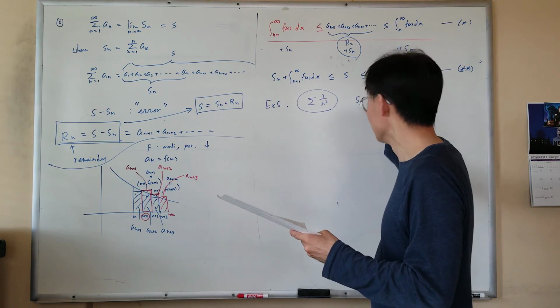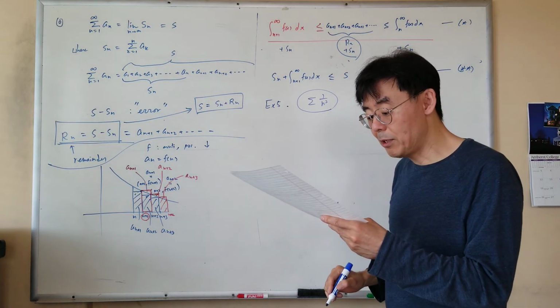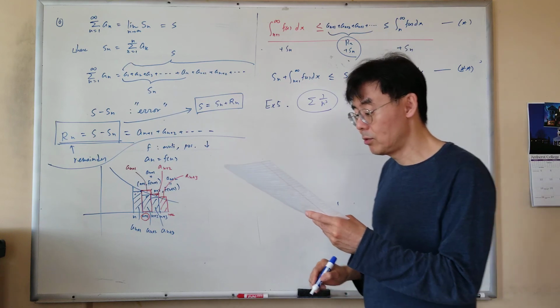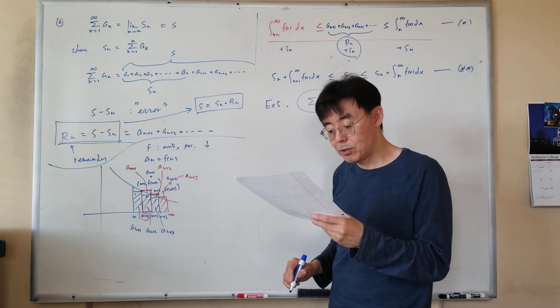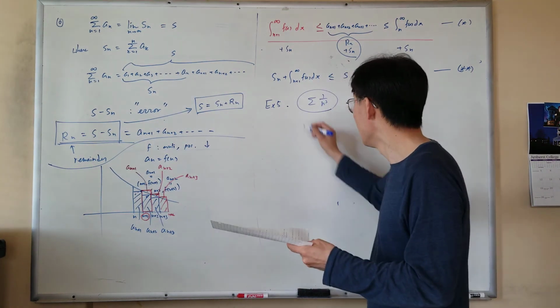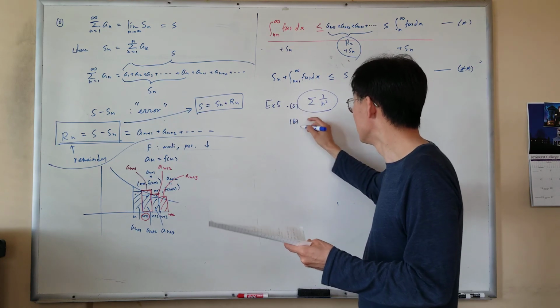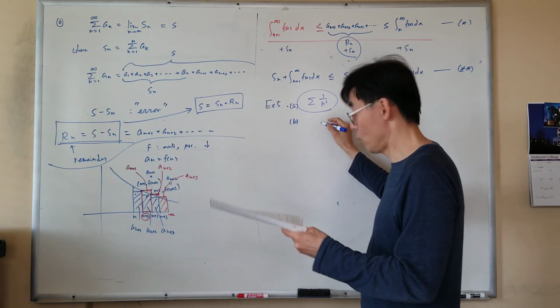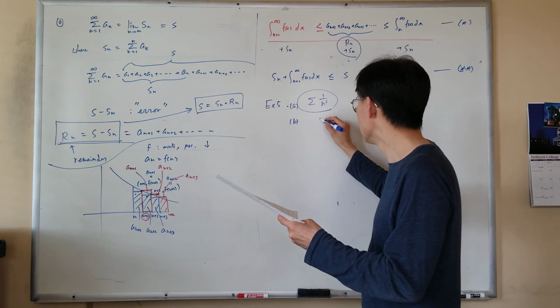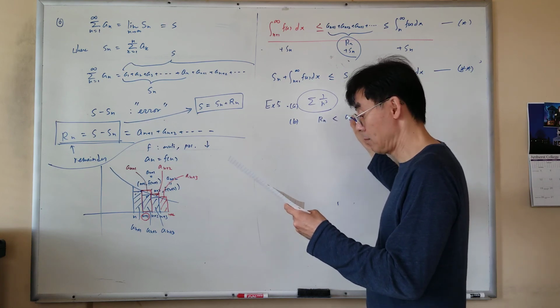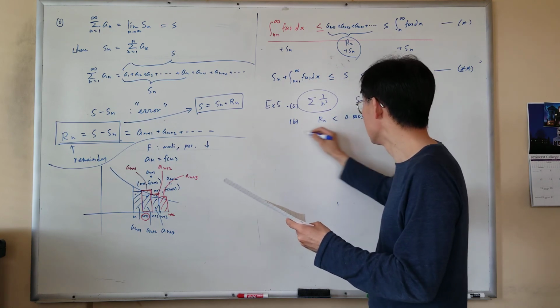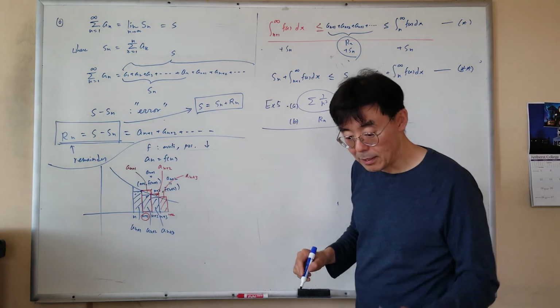Using S_10. B, how many terms are required to ensure that the sum is accurate to within 0.0005? How can we be sure that the remainder is less than 0.0005? Okay? That's the question.